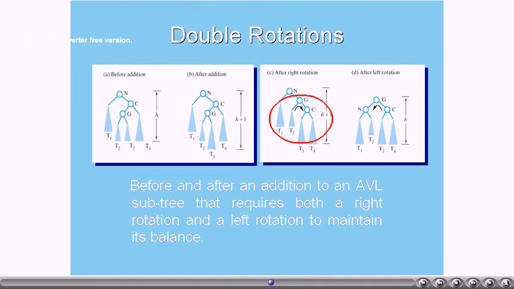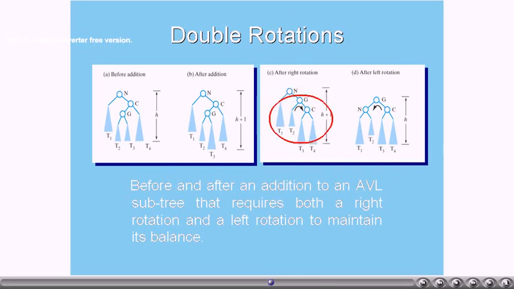The rotation is about C only. Thus, when you rotate about C, if you verify the previous slides, C's place G will be taking, and C becomes the right child of G, and G's right child becomes G's left child. This is to maintain the in-order precedence.